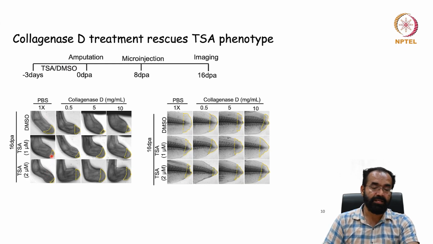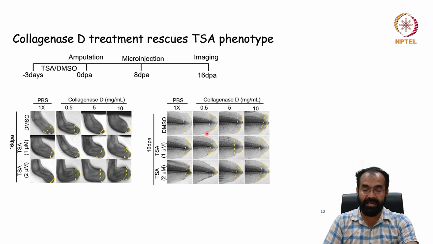No collagenase, you don't have any rescue, so you get a reduced blastema, but that will bounce back because of collagenase treatment. Same thing we can see in the axolotl tail also.